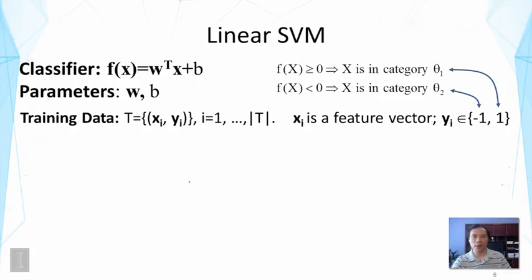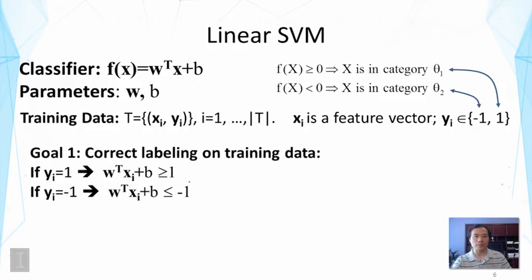Now you might wonder why we don't define them as 0 and 1, but instead have -1 and 1. This is purely for mathematical convenience, as you will see in a moment. So the goal of optimization first is to make sure the labeling of training data is all correct.